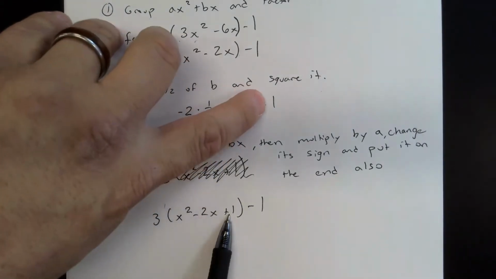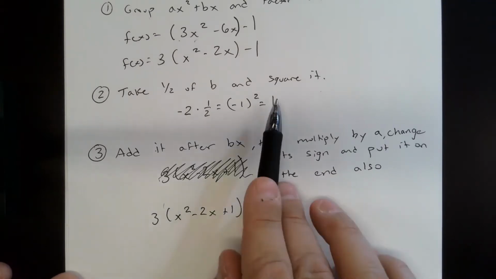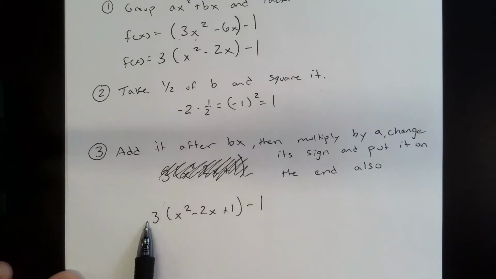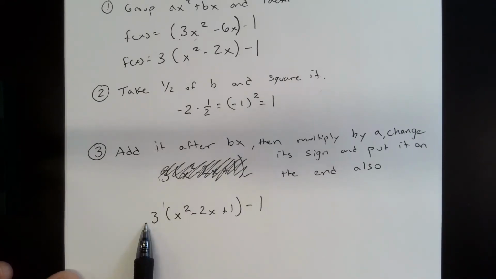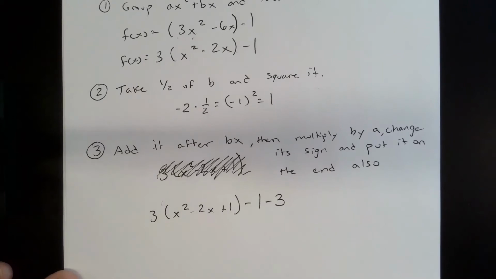Then we're going to multiply it by a. So what's 1 times a? What is a again? 3. And then we change its sign. So what is 3 with the sign changed? -3, and we put it on the end. So you multiply it by a, you change the sign, and you put it on the end.